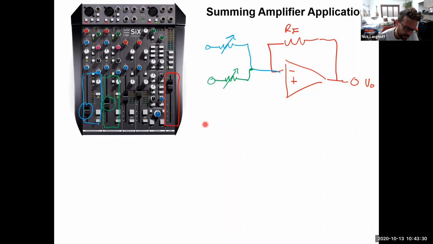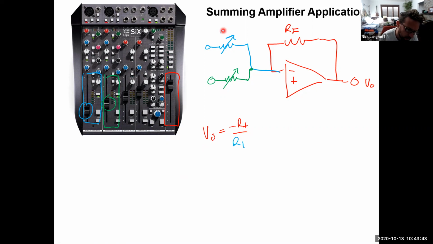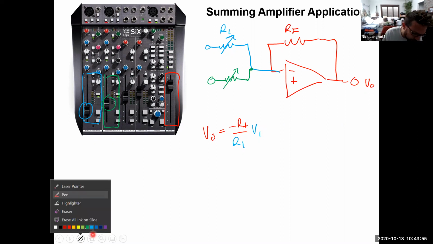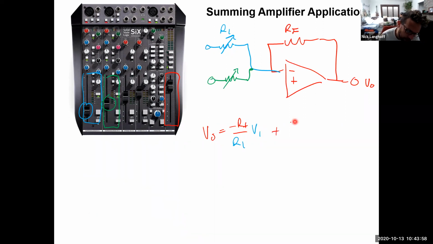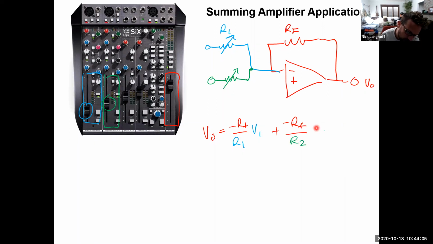Remember that the gain V out is equal to negative RF over R1, in blue here. As R1 changes, that would be times V1, the signal feeding into that, maybe the bass drum or a violin. Then you mix and add on to that plus a negative RF over R2, in green, times V2.